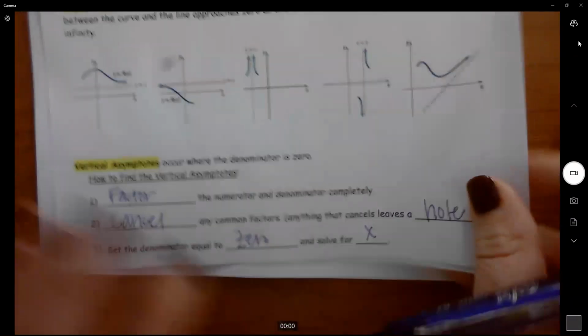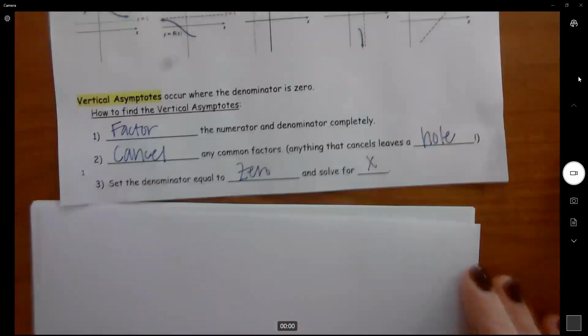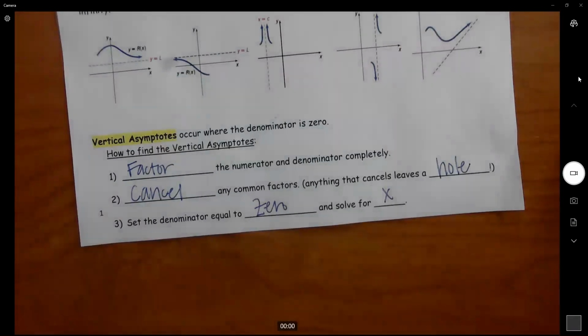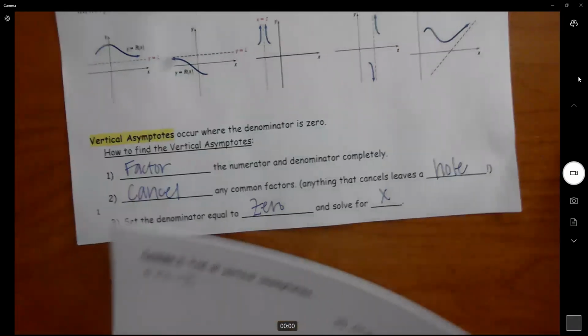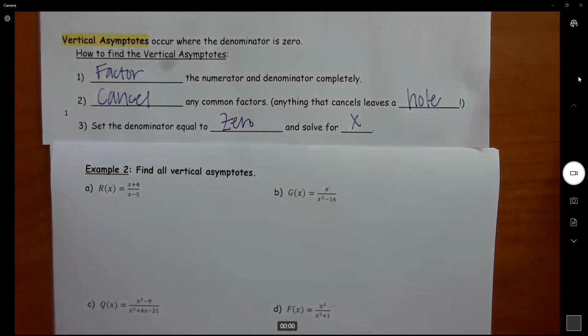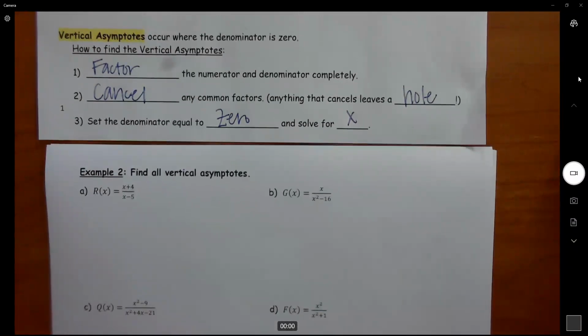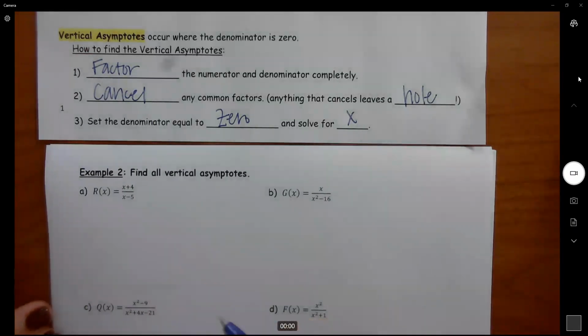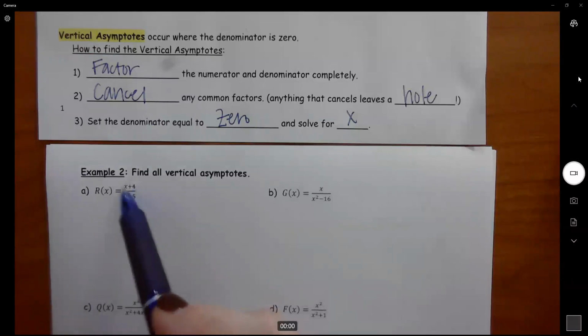So let's do some examples. All right, we'll keep our instructions right there. Example 2, find all vertical asymptotes. Step 1, you need to factor completely. Well, this is already factored, so check. Cancel any common factors. Nothing cancels.